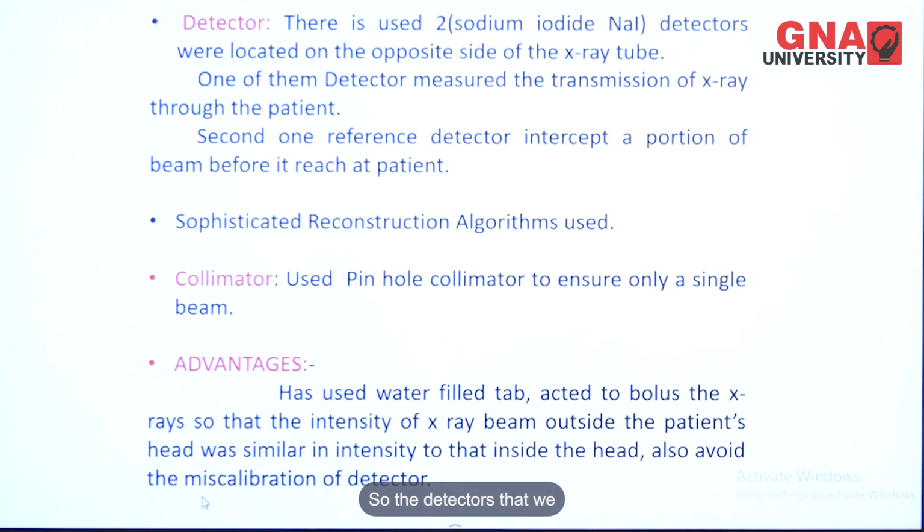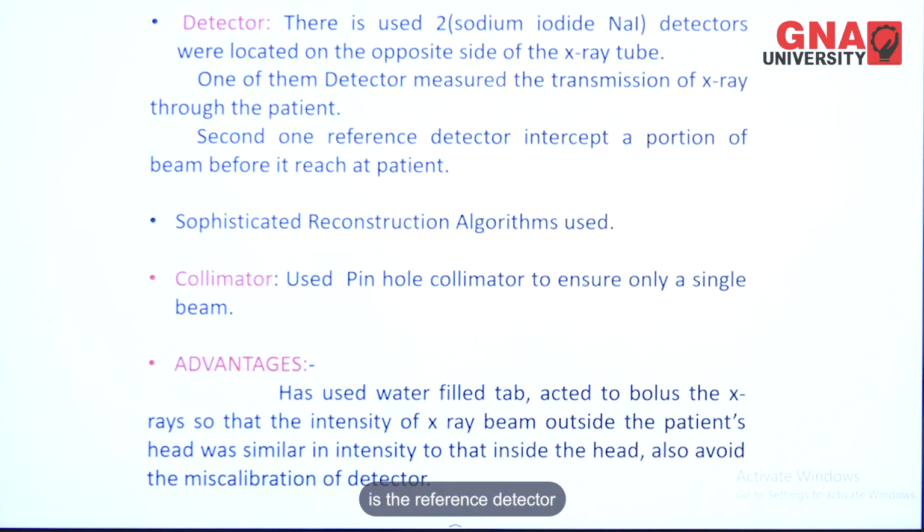The detectors that we used in the first generation numbered 1 or 2. That means in first generation CT only 1 or 2 detectors were used. Both were sodium iodide detectors, located on the exact opposite side of the X-ray tube. One detector measures the transmission of the X-ray through the patient.